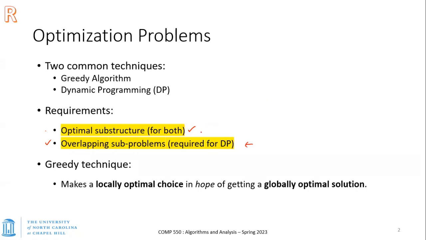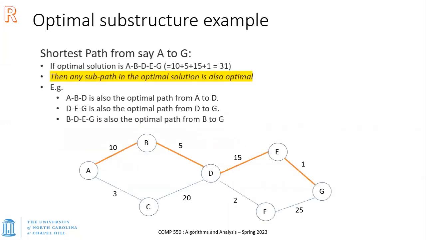And let's take a look at the optimal substructure for the shortest path problem, which we sort of looked at in an earlier lecture in an overview look, and we didn't do a slightly better formal proof of this for shortest path. So let's just do that.